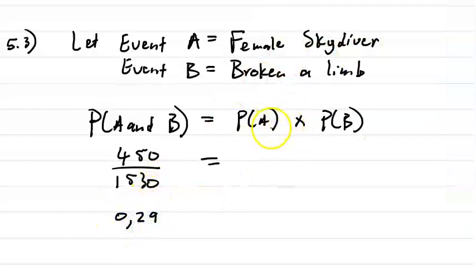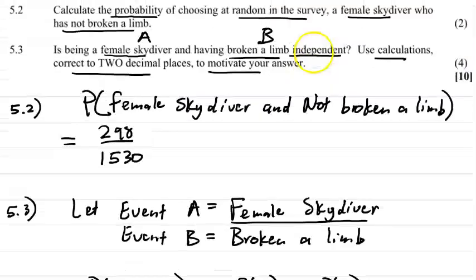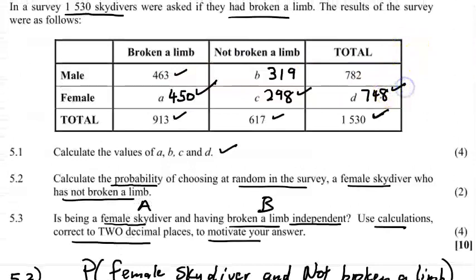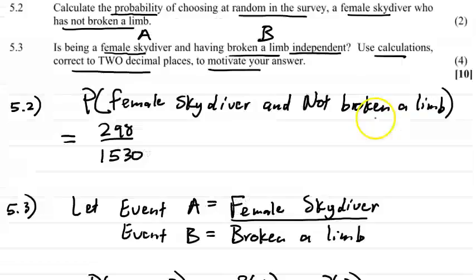And now we're going to look at the probability of A times the probability of B. The probability of A would be the probability that the skydiver is female, because we let event A equal a female skydiver. So let's look at where all the females are. The total number of female skydivers is 748. So once again, we say 748 over the total number of skydivers, which is 1,530.